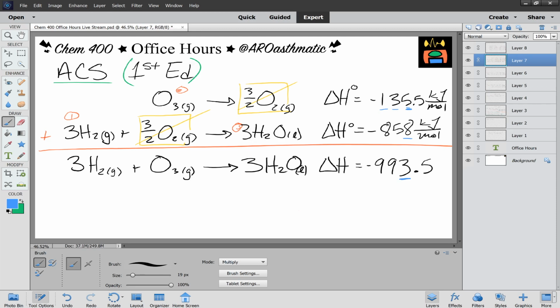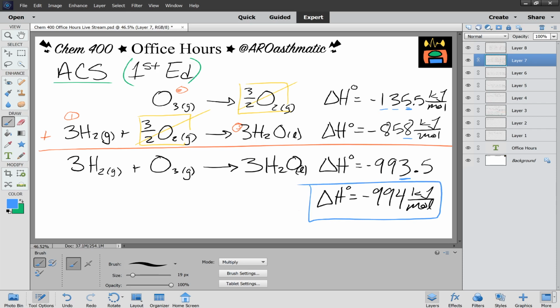So the final answer after rounding with the correct sig figs and the correct units will be negative 994 kilojoules per mole. All right, and this is the change in enthalpy for this reaction. And when we look at our possible answers, the correct answer is D.